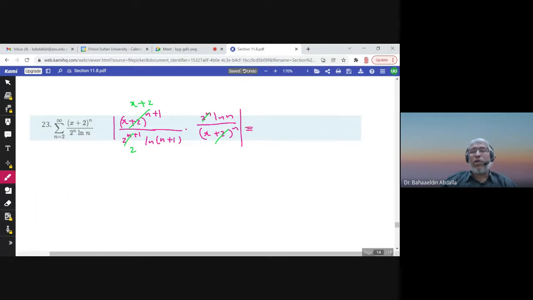So this would be equal to the absolute value of x plus 2 over 2, and ln n over ln n plus 1.